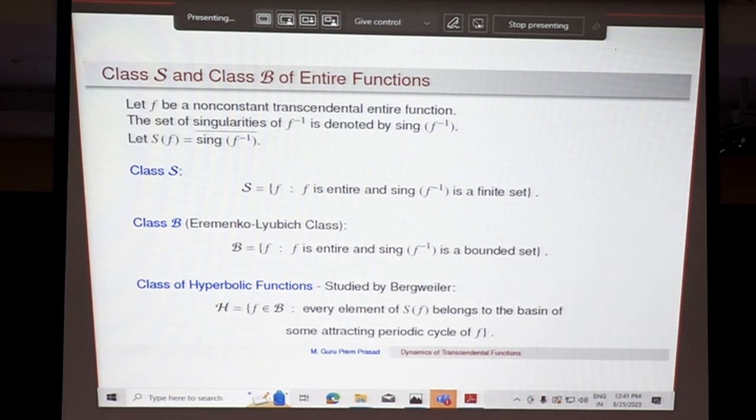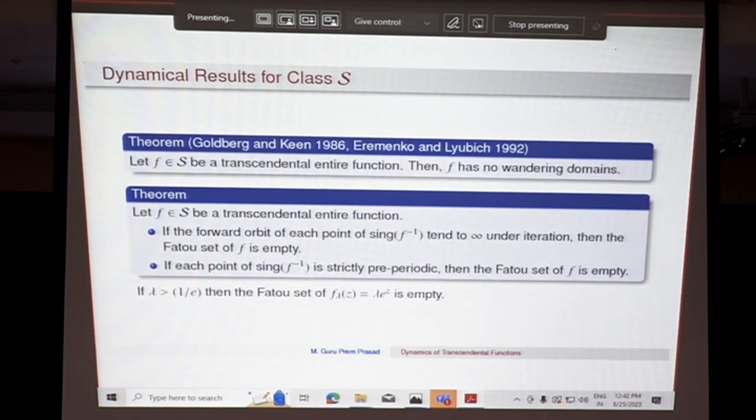We may not be able to determine the dynamics. If the forward orbit of the singular values is tending to infinity, then the Fatou set becomes the empty set, that is, the Julia set becomes the entire complex plane. That is the result used by Devaney, and he proved that if lambda is greater than 1 by e, then for lambda times e power z the Fatou set is empty and the Julia set is equal to the entire complex plane.